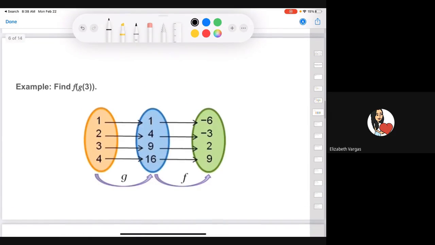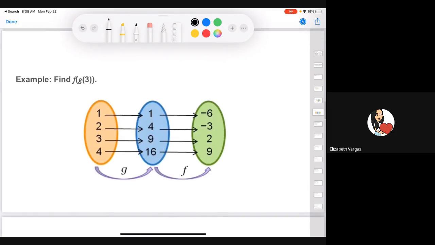Okay, and so let's see what this actually looks like. So say we're trying to use a mapping diagram like the one we saw before, and what we're trying to do is find what is f composite g of x when x is 3. So basically what we're going to do is identify g when x is 3.